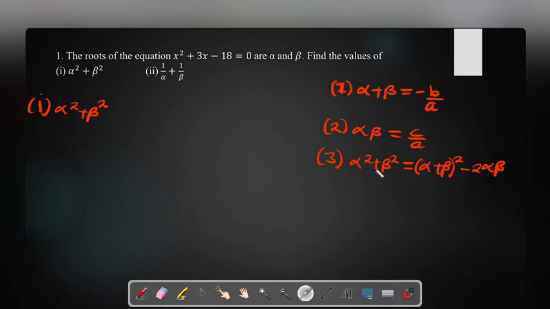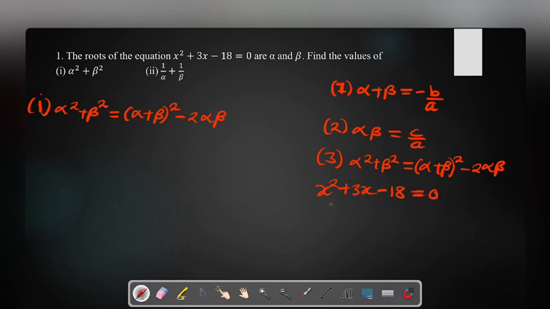So alpha squared plus beta squared is equal to (alpha plus beta) squared minus 2 alpha beta. Also remember that our quadratic equation is x squared plus 3x minus 18 equal to 0.